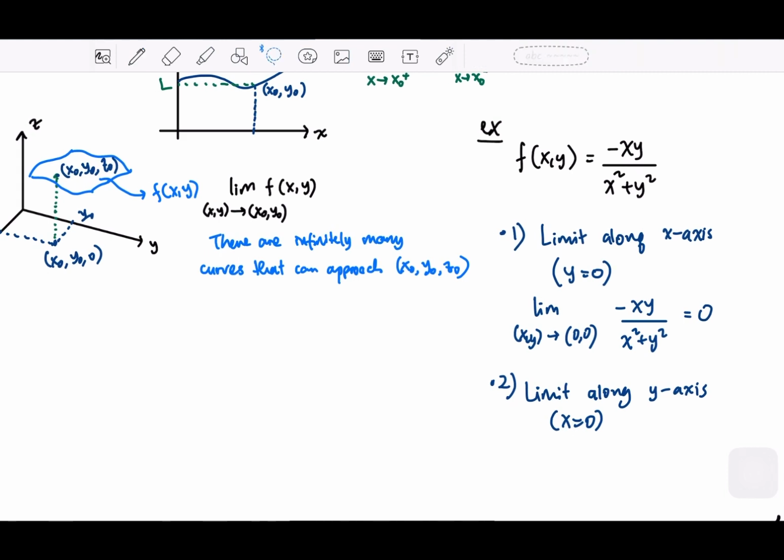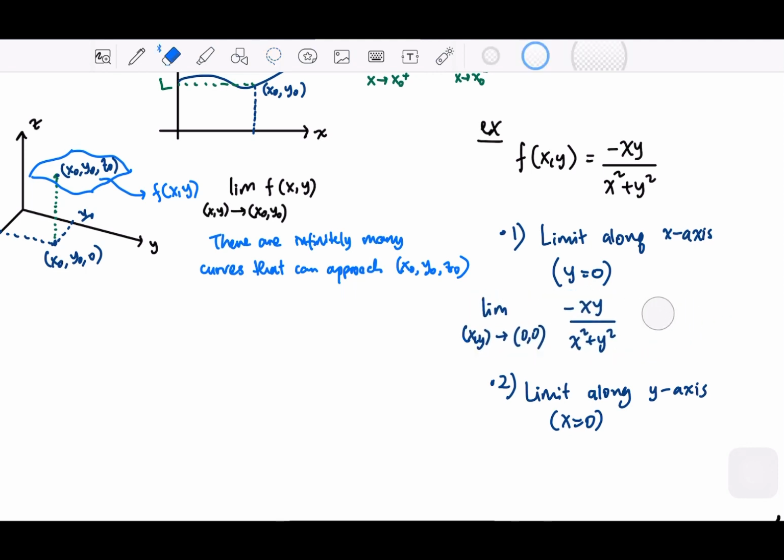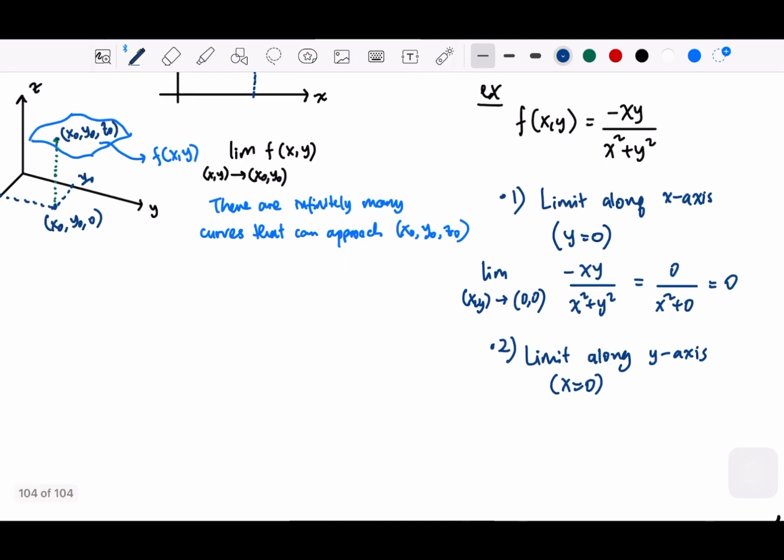Or maybe this will confuse you here, so let me explain what this is going to be: 0 over x squared plus 0. So 0. Okay. So instead of substituting 0, 0 directly, we take the assumption first and then put in 0 before we put in all the constants.